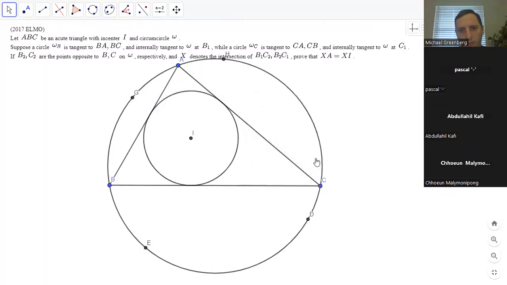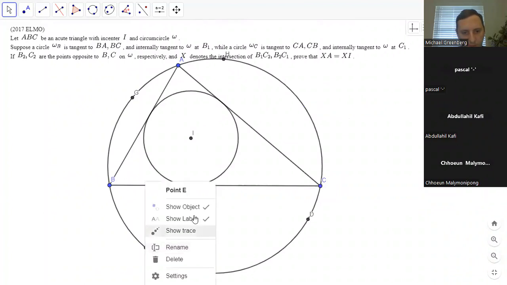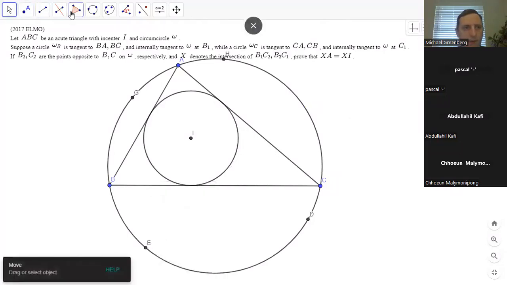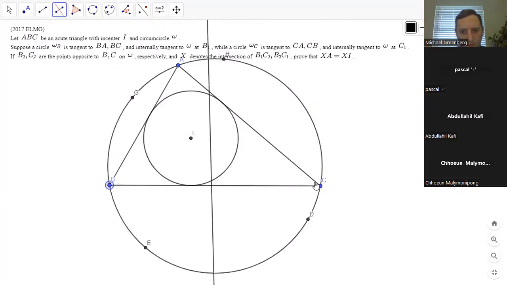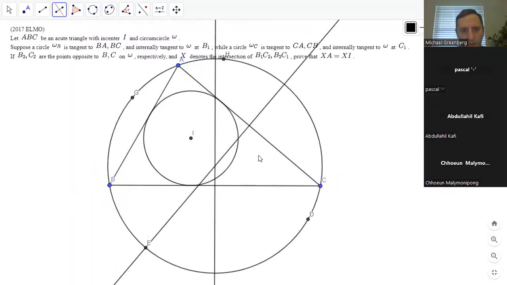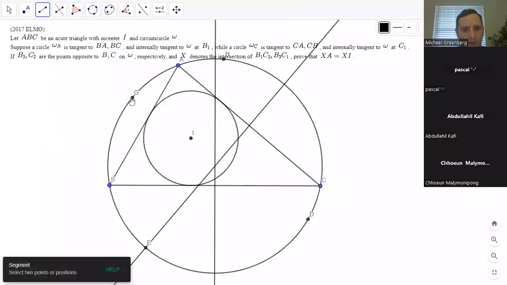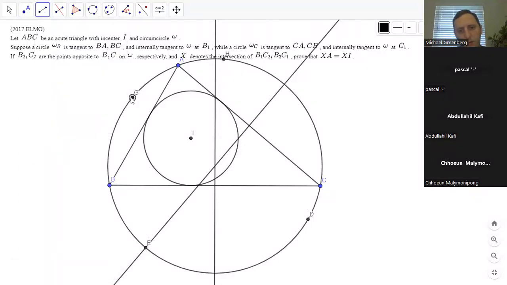Forgot what point F is, but it should be points G and H. I'll leave B and E there, but we need to take the midpoints of these arcs, and if I connect G to both of them, I think that should be the mixtilinear incircle.